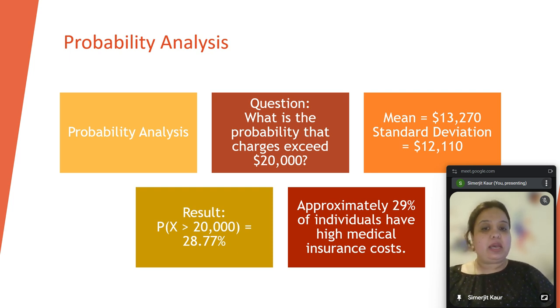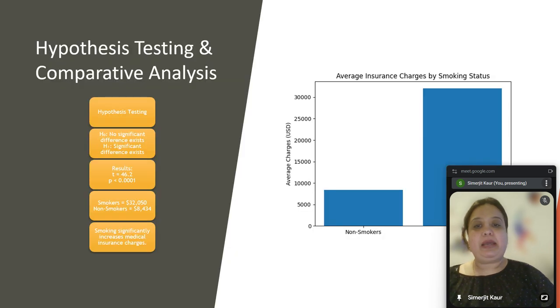The result shows a probability of 28.77%. This means approximately 29% of individuals incur medical insurance cost above 20,000. This is important because it helps insurance companies estimate high cost customers and improve financial planning.